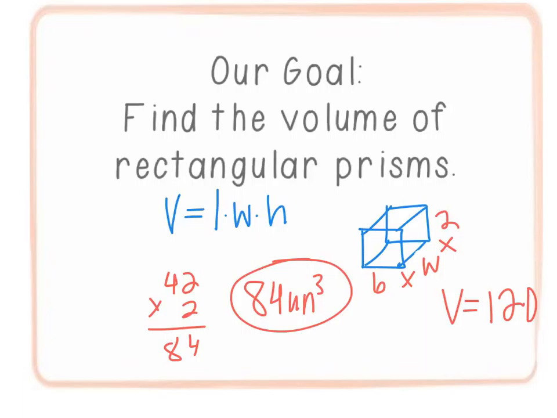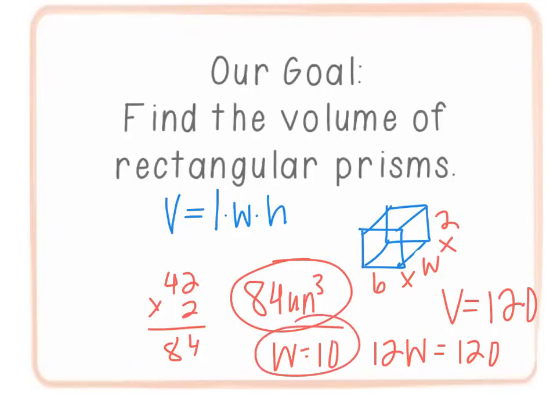So you could do 6 times 2 is 12 times W equals 120, and you could tell me that W equals 10. So if you can do those 3 things, tell me the formula, find the volume given 3 dimensions, and then find a missing dimension, you should be able to master this lesson.